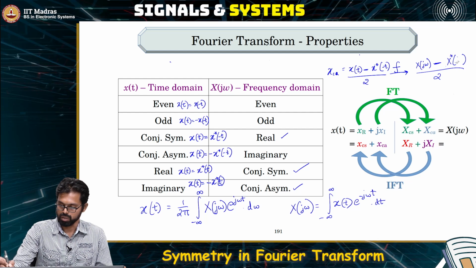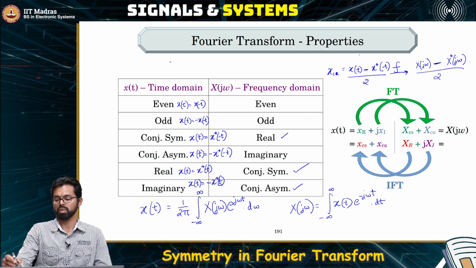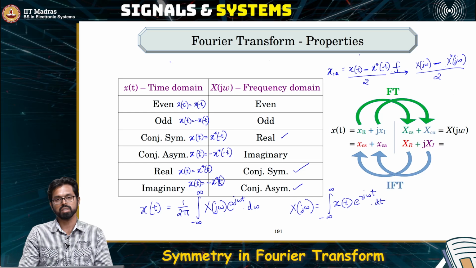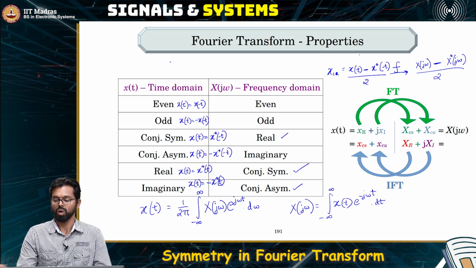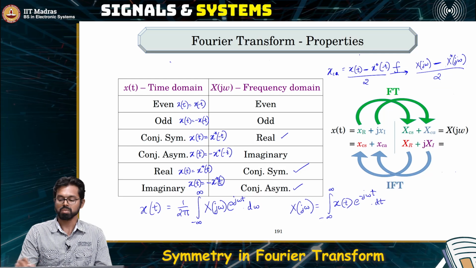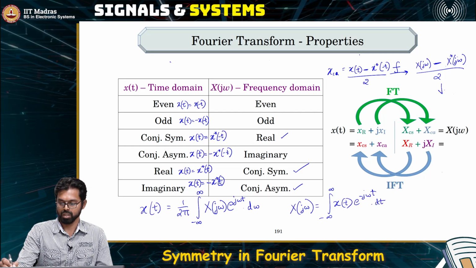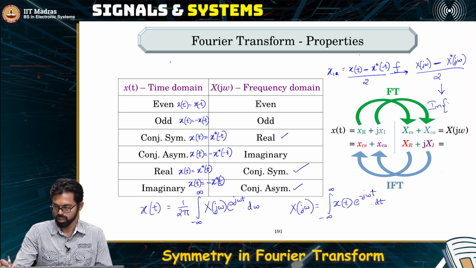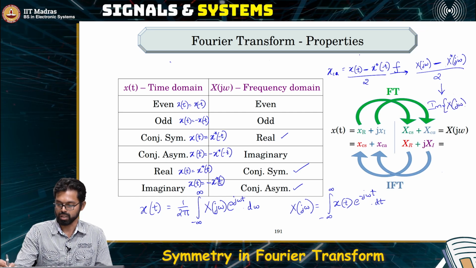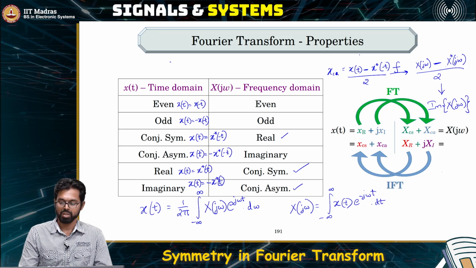It's all the same otherwise. So we have a complex number subtracted with its conjugate. So we'll get the purely imaginary part of this number. So this is nothing but the imaginary part of the spectrum of the original signal. So that's exactly what we have.